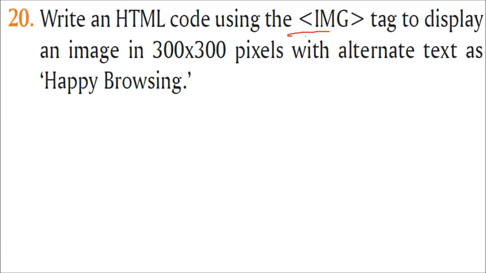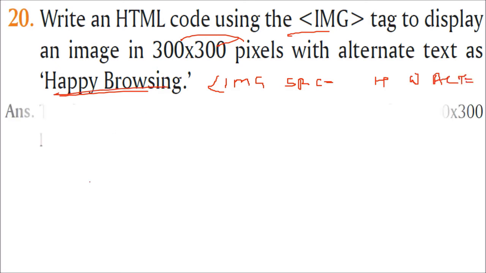HTML code using img tag. So img we will use, then happy browsing is the alternate name. We'll give some source, the name of the file, then we'll give height equal to 300, width equal to 300, and then alt, alternate as happy browsing, alternate text.